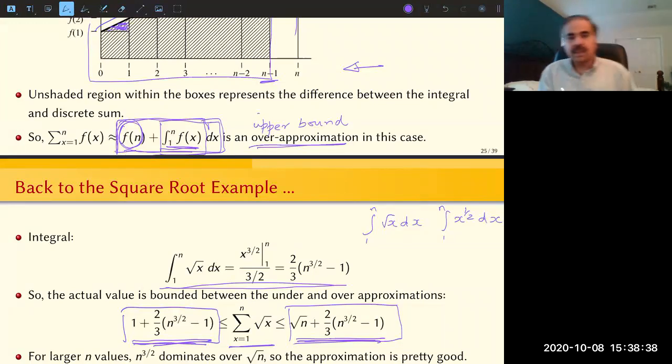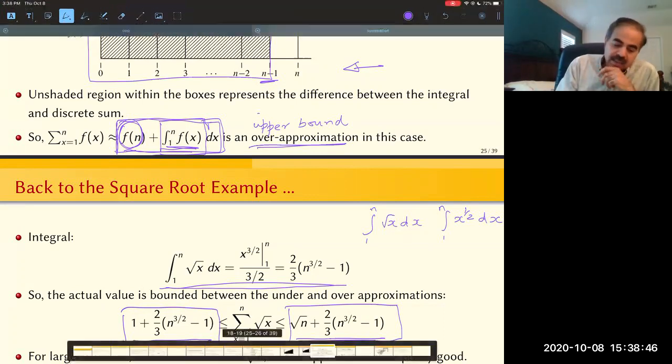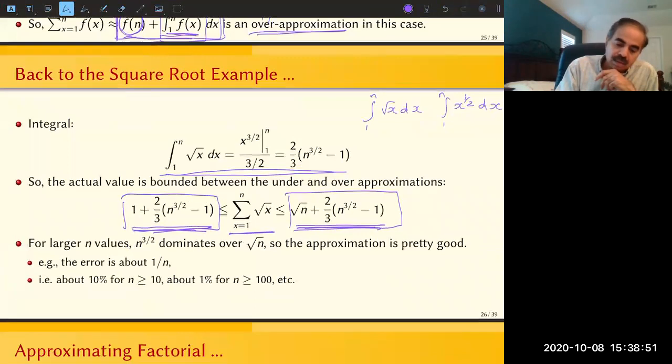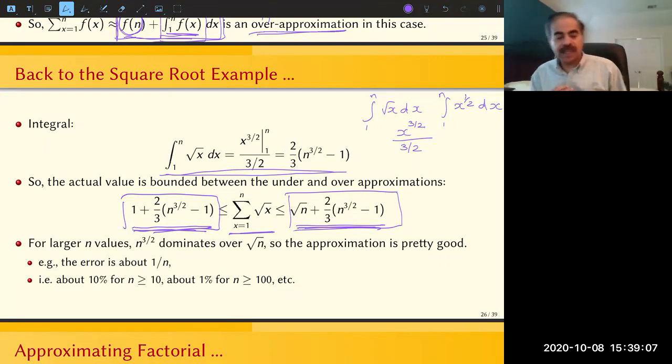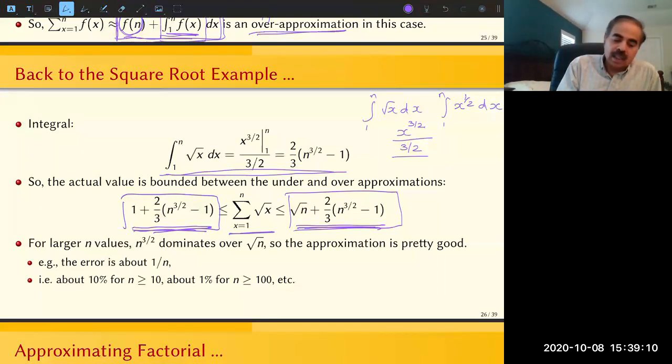And if you remember your differentiation and integration of powers, then you will see that if you integrate this, you will get x to the power 3/2 divided by 3/2. And you can check that by differentiating, and then you'll get square root x. So that's the integral we are using, x to the power 3/2.